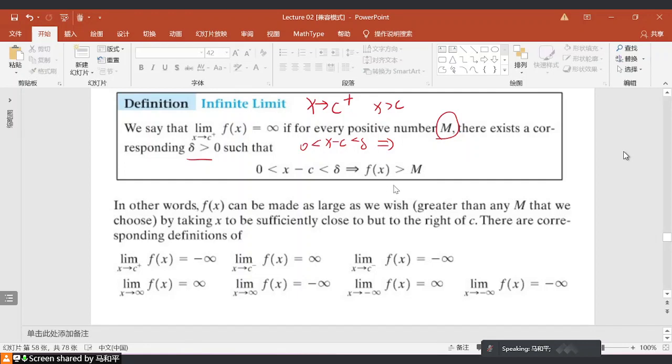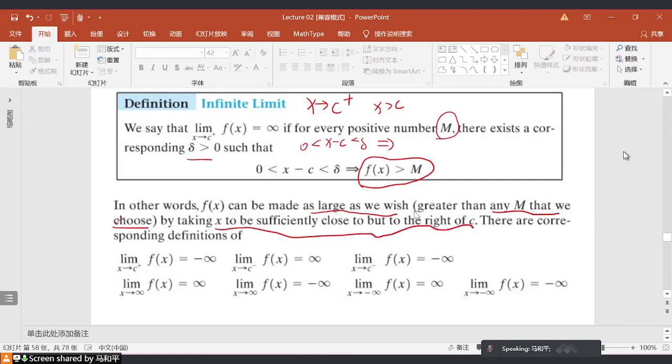So this means f(x) can be greater than any positive number N. This means f(x) gets larger and larger without bound. In other words, f(x) can be made as large as we wish, greater than any M that we choose, by taking x to be sufficiently close to, but to the right of c.